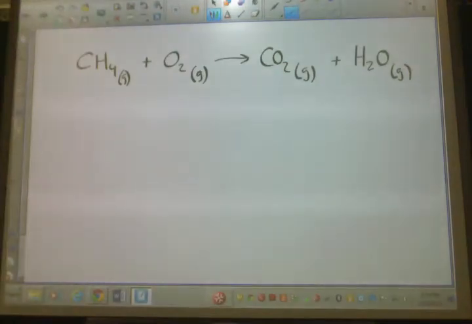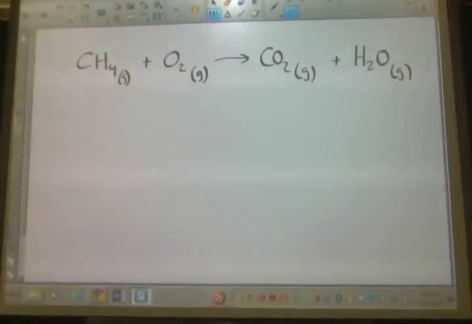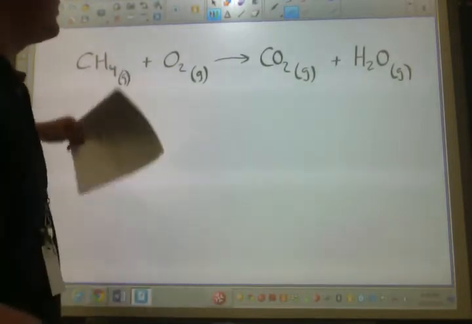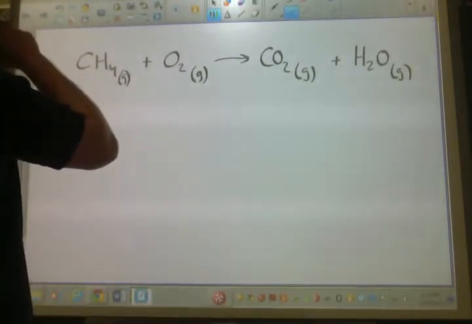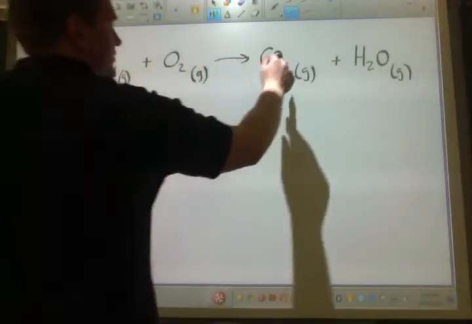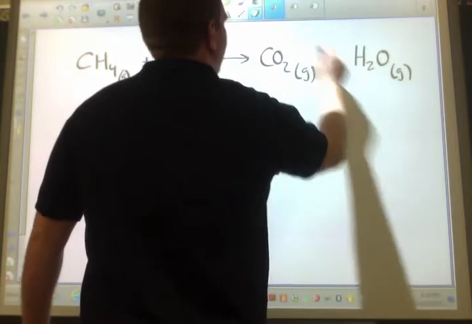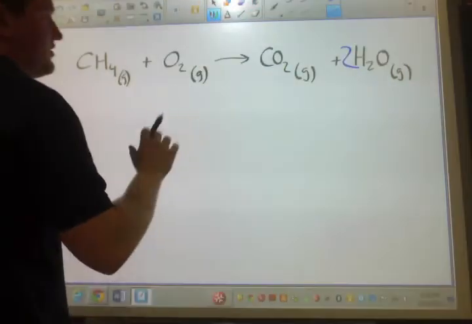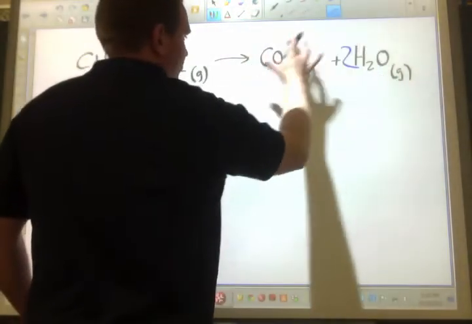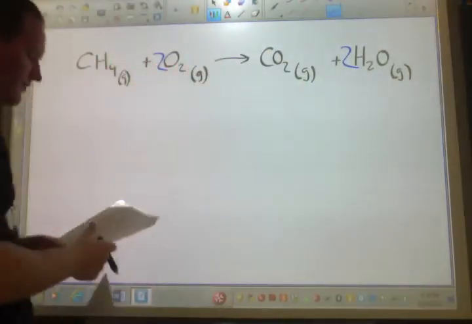If you put liquid there and do the problem right, you'll still get credit. But it does produce gaseous water. Let's balance. 1 carbon, 4 hydrogens, 2 oxygens, so 4 total.